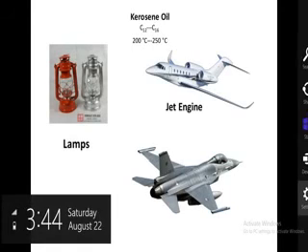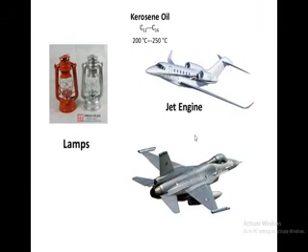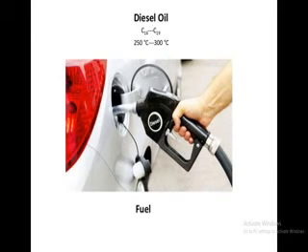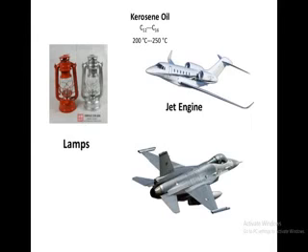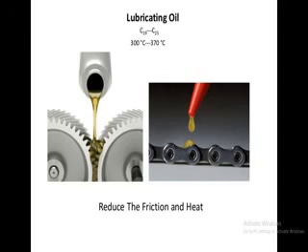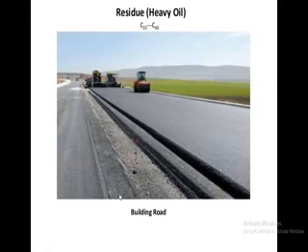I have added lamps here, and the jet, also called jet fuel. Then comes diesel oil, used as fuel for heavy vehicles. And lubricating oil reduces the friction between the different parts of the machinery. And the residue is used for building roads.